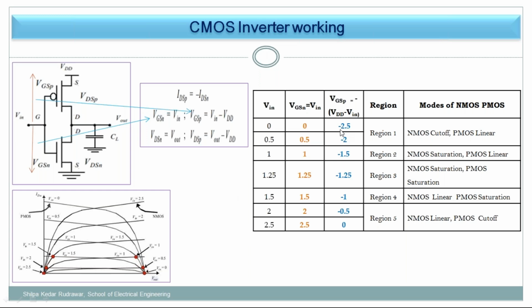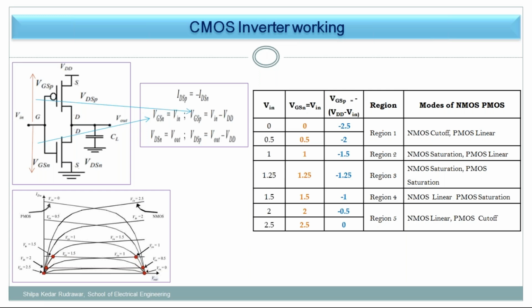If VGSP is mentioned, you need to write down minus 2.5. But why are we not writing this minus 2.5 over here? Because I need to interact with you related to input voltage only. If input voltage is this much, what will be the condition for NMOS and PMOS? And if you write VGSP terms over here, it will be somewhat complicated or confusing. So whatever values you have written over here are in terms of Vin only.